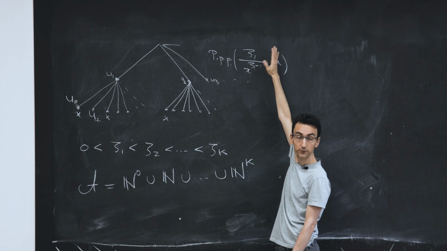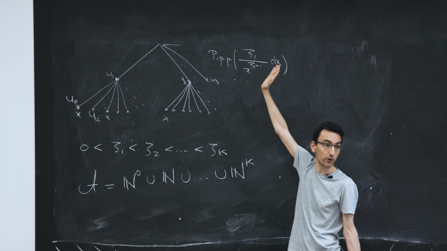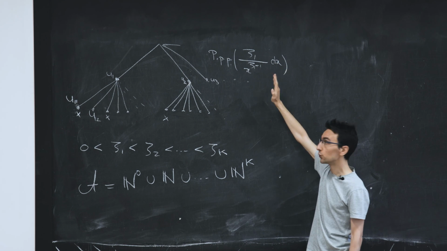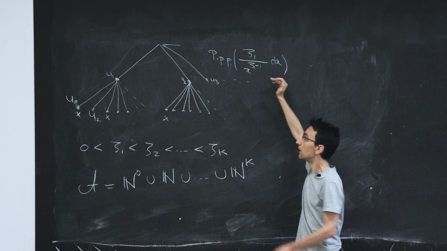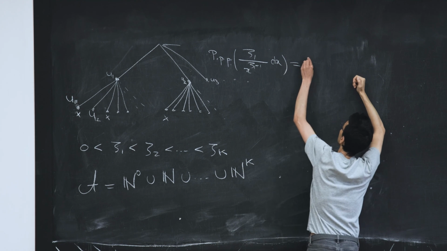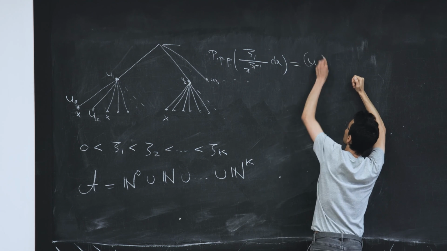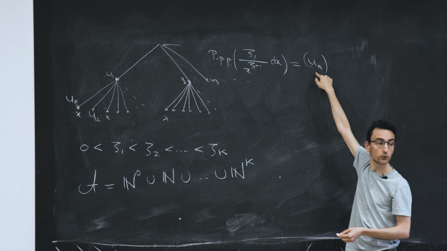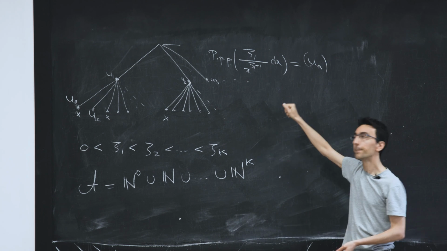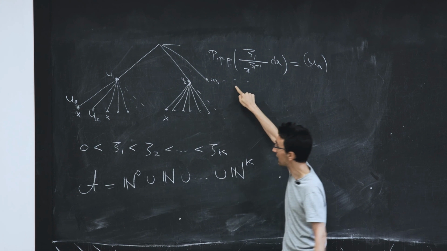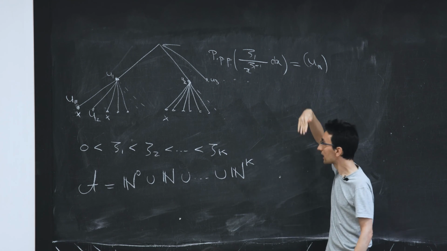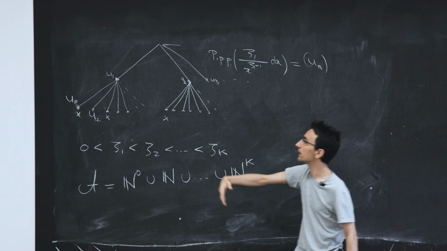So the number of points that fall to the right of 1 is a Poisson random variable with a finite mean. You can order it from the largest value downwards, and I'm going to call this ordering u_n. So u1 is the highest value, u2 is the second highest, etc. These are the numbers u1, u2, etc. that I have attached to these vertices, and then I continue to do this again and again.